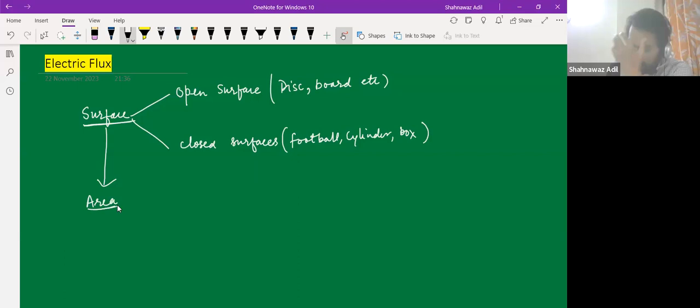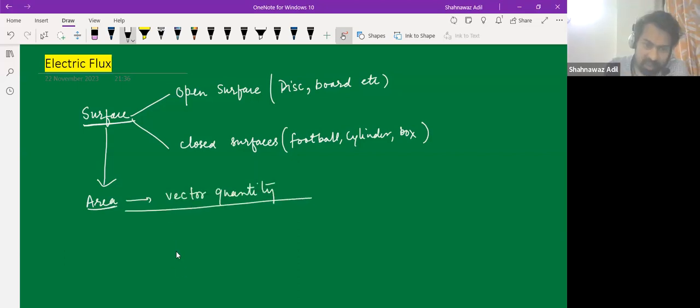Is what kind of quantity, guys? Yes. Vector. It is a vector quantity.